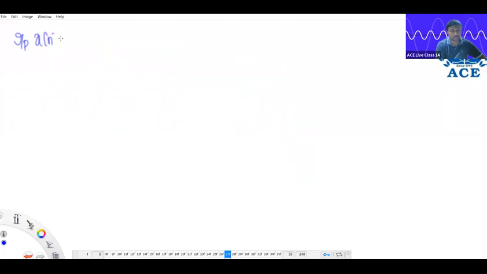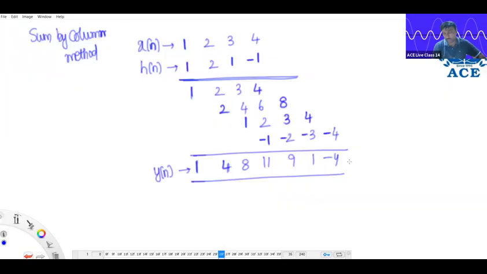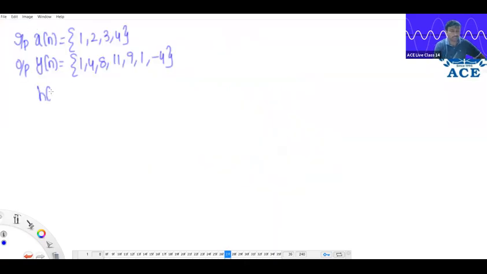Assume the input is 1, 2, 3, 4. Output samples are 1, 4, 8, 11, 9, 1, minus 4. Same problem I am choosing. Same question. Asked to get the impulse response.